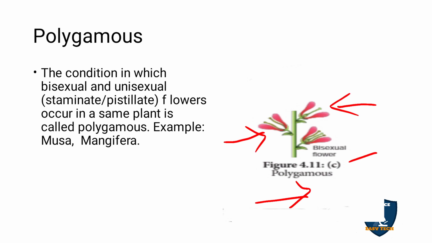Musa is banana. In Musa, on the bract you can see three types of flowers: pistillate, staminate and bisexual flowers. So three types of flowers are present in the same plant, then it is called polygamous. Even Mangifera, that is mango, also has polygamous flowers.